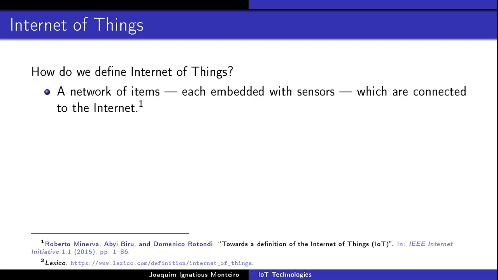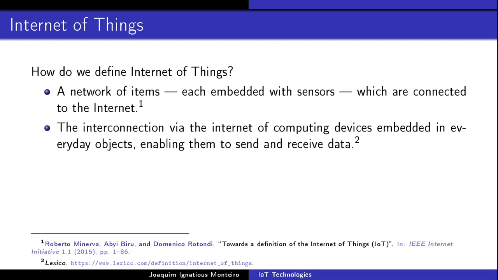Anything that could be identified over the internet. Again, there is another definition which you find in the Oxford Dictionary. I have given the references there in the footer. So it says: interconnection via internet of computing devices embedded in everyday objects, enabling them to send and receive data.